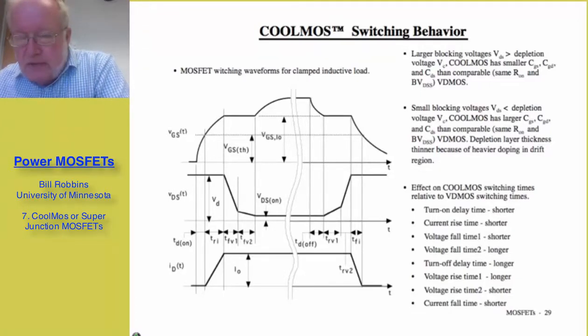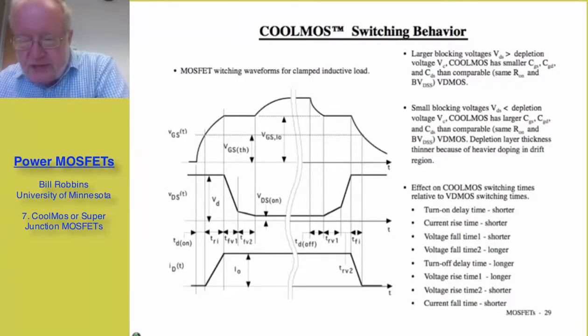At smaller blocking voltages, less than the critical voltage V sub C between drain and source, we're going to have larger gate to source and gate to drain capacitances than that of the VDMOS. And that's because the depletion layer thickness is thinner because of the heavier doping in the drift region.